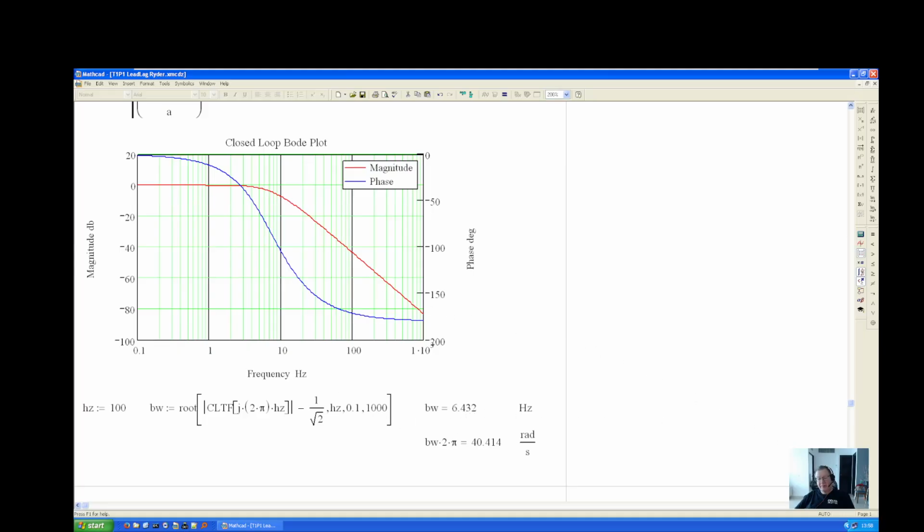You can see the bandwidth is a little bit higher on this one. Instead of being 4 point something, it's 6.4. And the reason why the bandwidth is higher is because of the zero. The zeros extend bandwidth, but they also can cause overshoot.